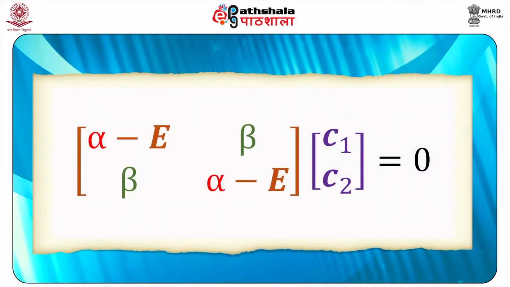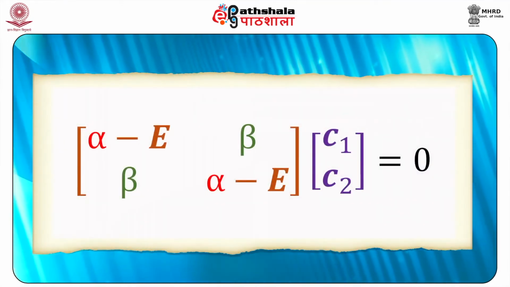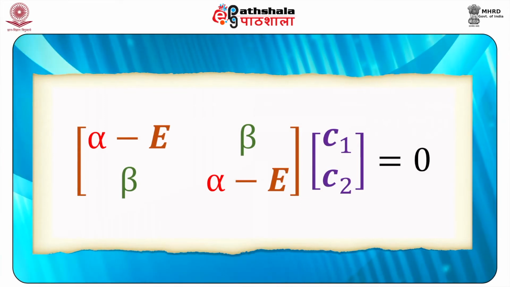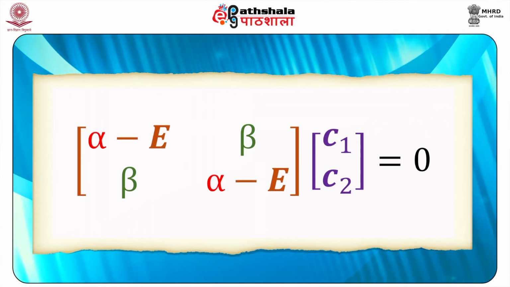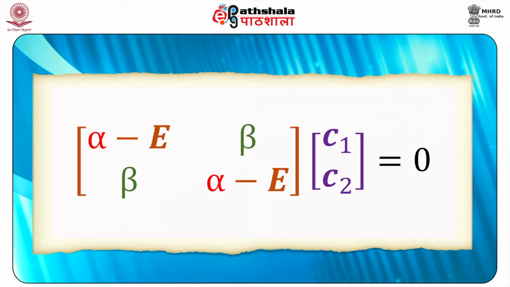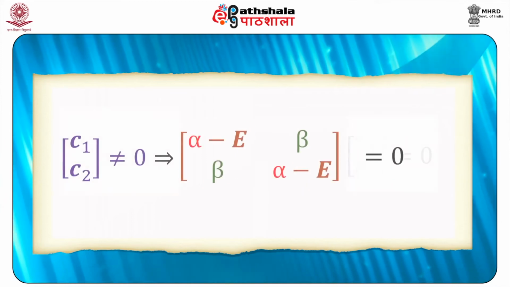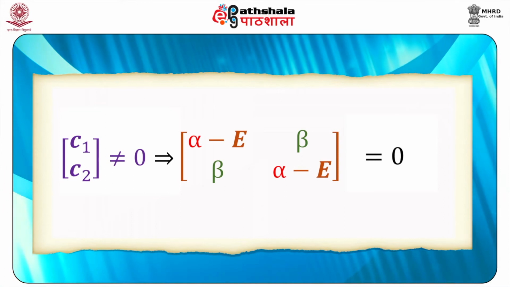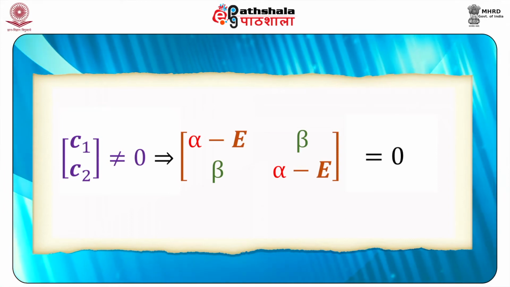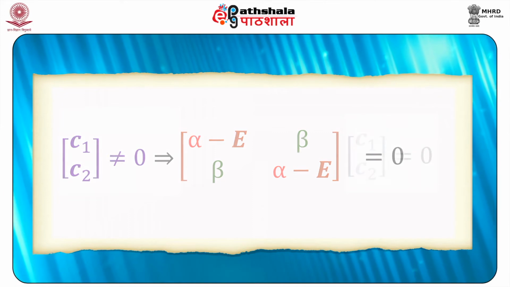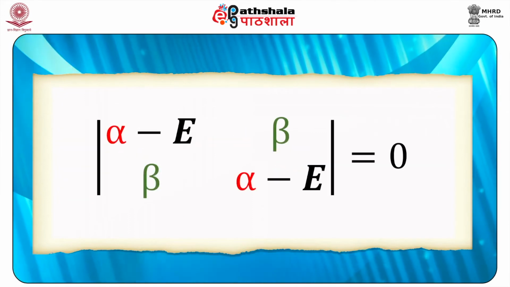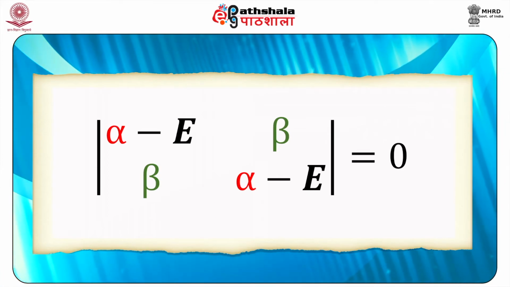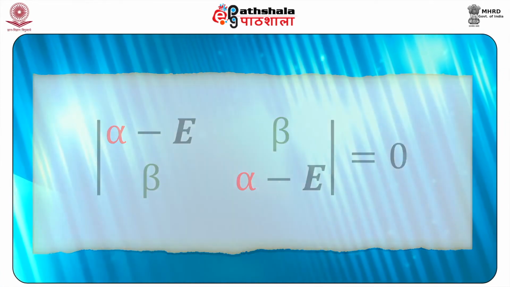The first row is alpha minus E, beta, and the second row is beta, alpha minus E, times C1 C2 equals 0. That's basically the Huckel determinant. Since C1 C2 is not equal to 0, the corresponding equation becomes the determinant of alpha minus E, beta, beta, alpha minus E, which is equal to 0.